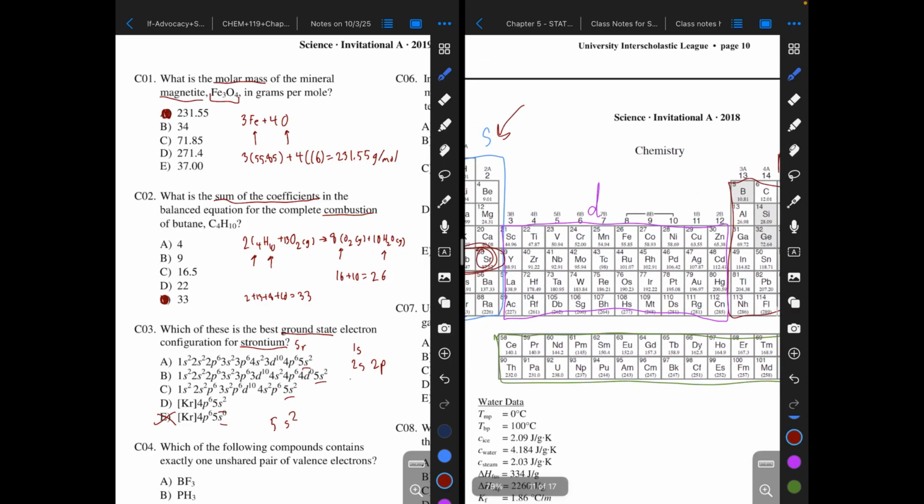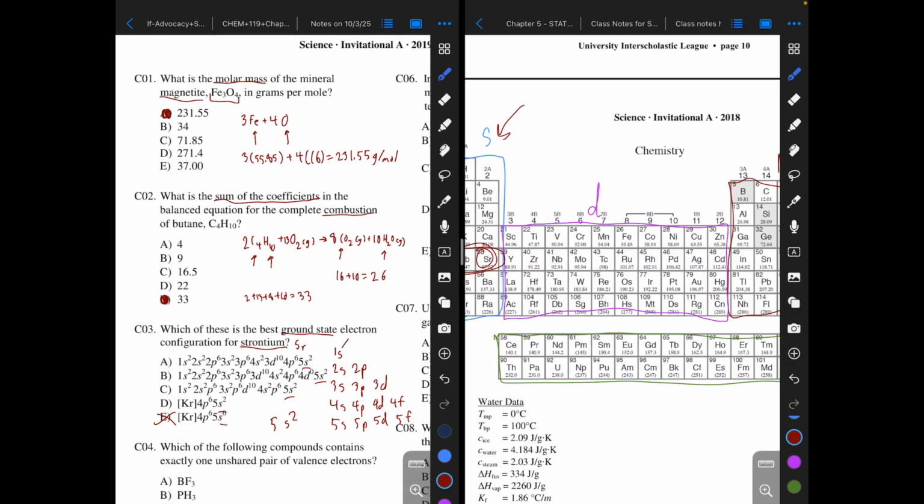Then 3s, 3p, 3d, 4s, 4p, 4d, 4f, 5s, 5p, 5d, 5f. And we can stop there because strontium doesn't go that far.